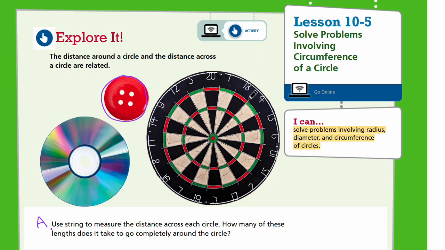I know it is not accurate and it doesn't have to be, and that's okay. So how many of these lengths does it take to go completely around the circle? With my string, it takes less than half of my string to go around the first full circle.